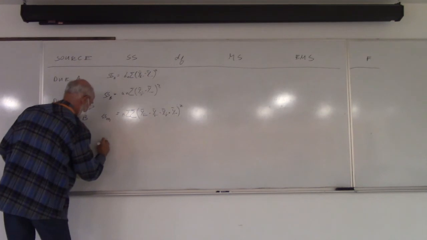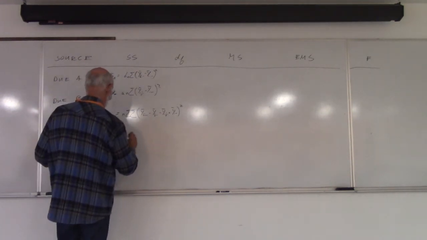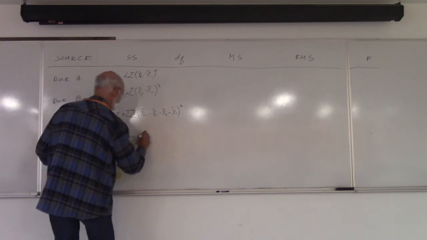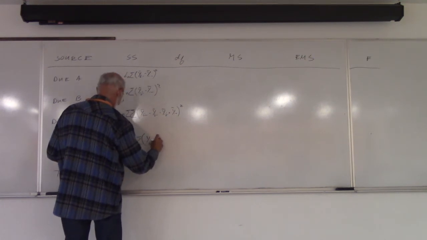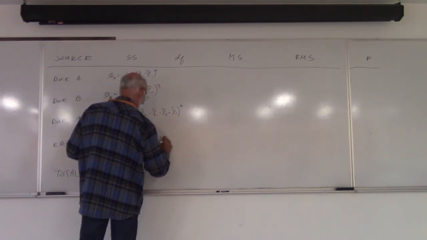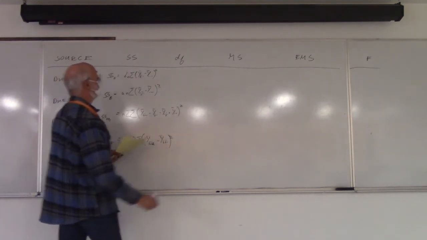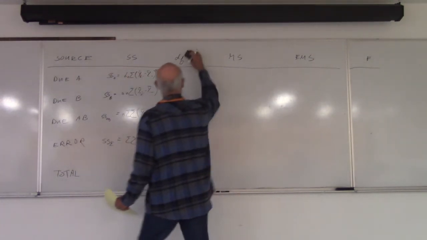And then SSE is equal to the triple sum of yijk minus ȳij. quantity squared. Degrees of freedom, move that column over just a little bit.